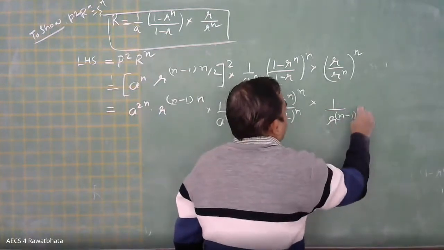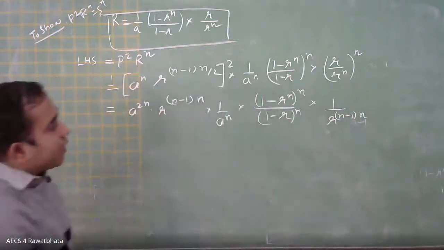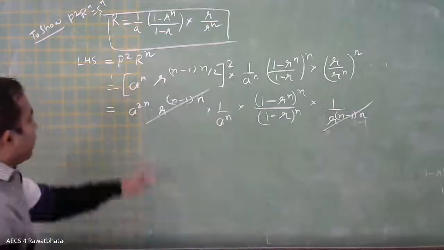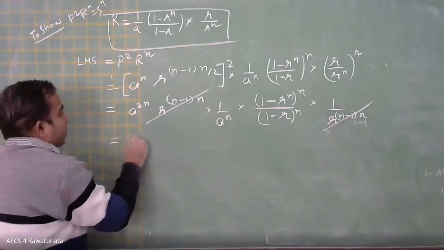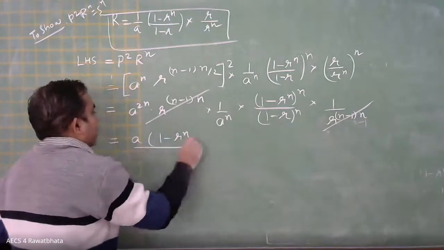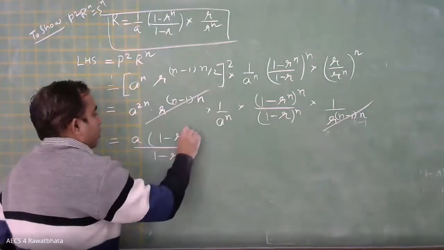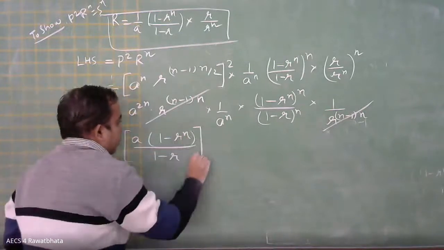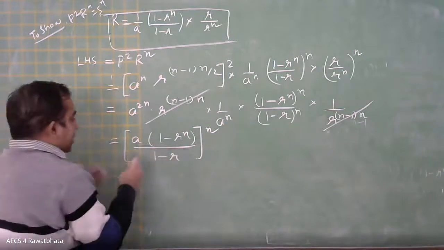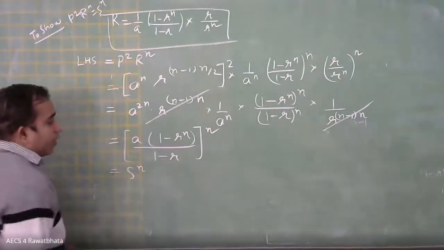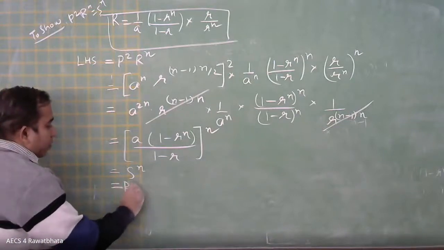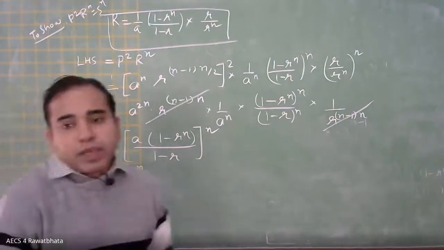Powers into powers means powers will get multiplied and this gets cancelled. And the power of a will get subtracted, and this is a to power n, and I can write it as a into 1 minus r to power n upon 1 minus r, whole to power n. Right. And this is what? This is the formula of S, and this becomes S to power n. So this was the right hand side, which we had to prove equal, and this is concluded.